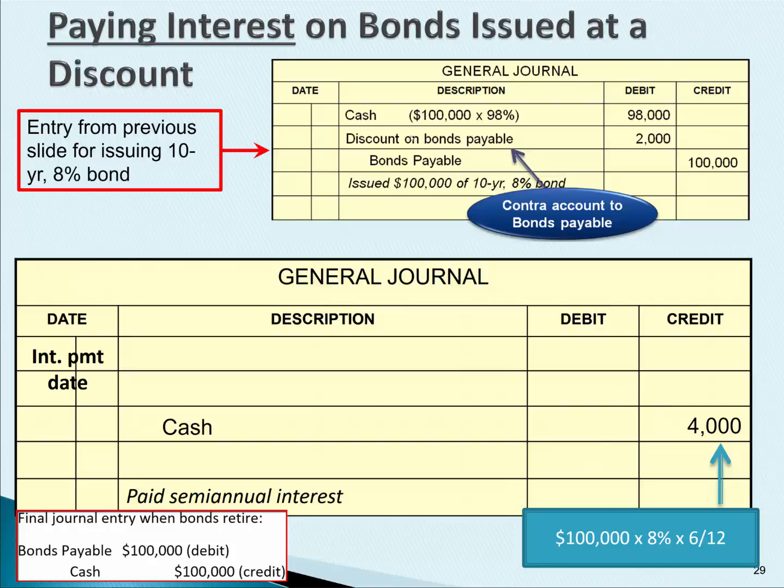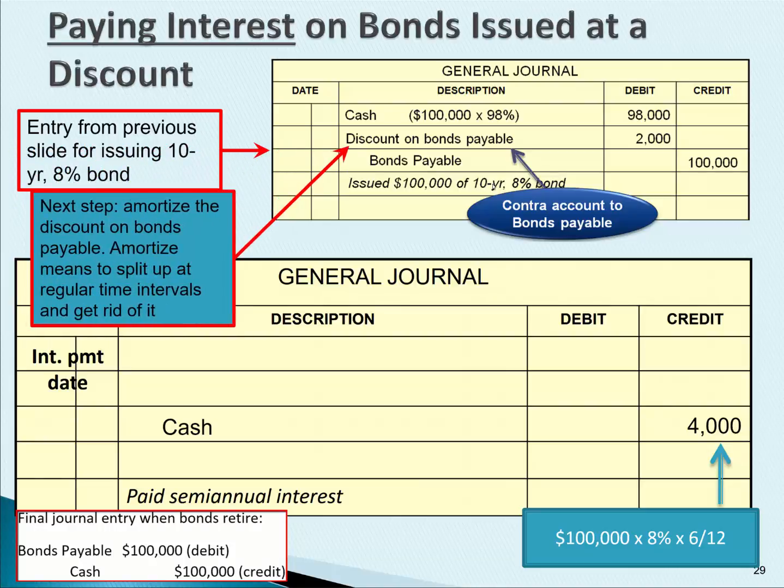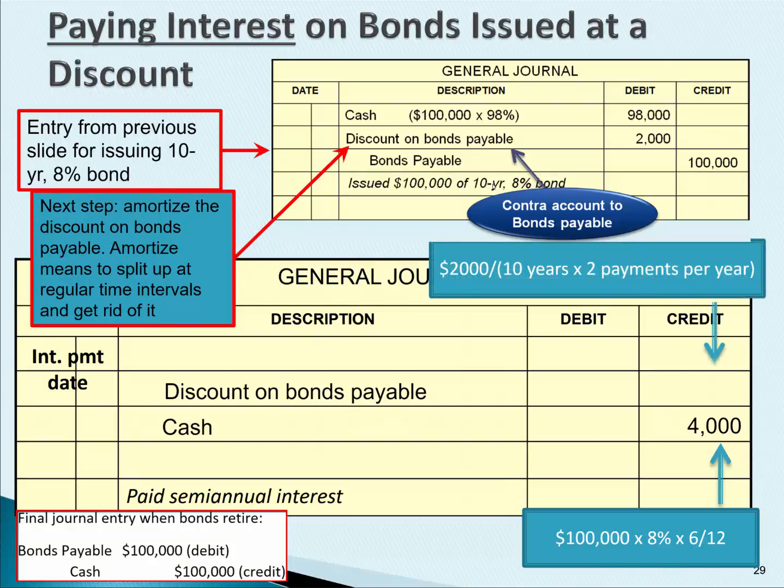Now we're going to take this discount on bonds payable and divide the discount on bonds payable over the number of interest payments. So the bonds are 10-year bonds, and there are 2 interest payments per year, so that's 20 total payments. $2,000 divided by 20 interest payments means we will need to lower the discount account by $100 each interest payment.